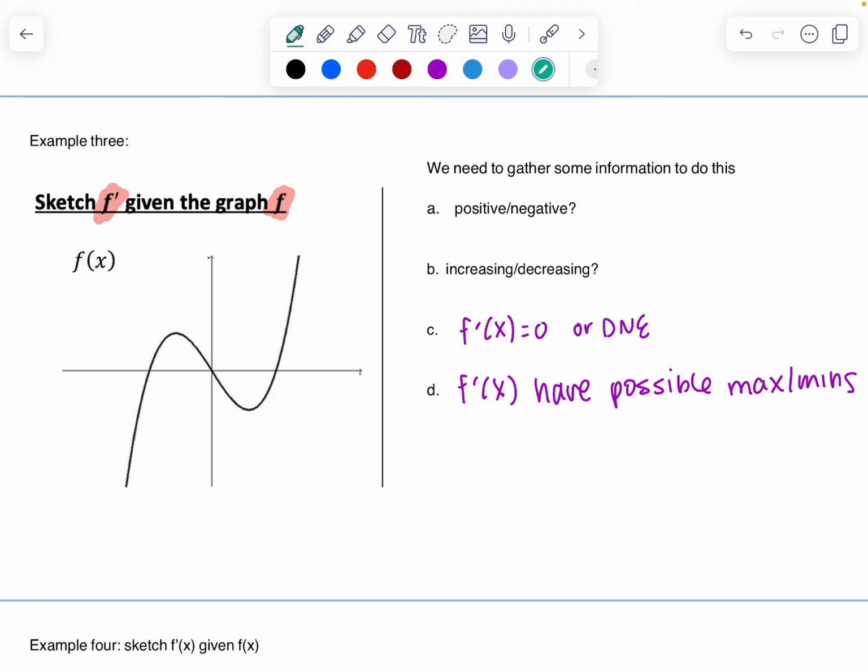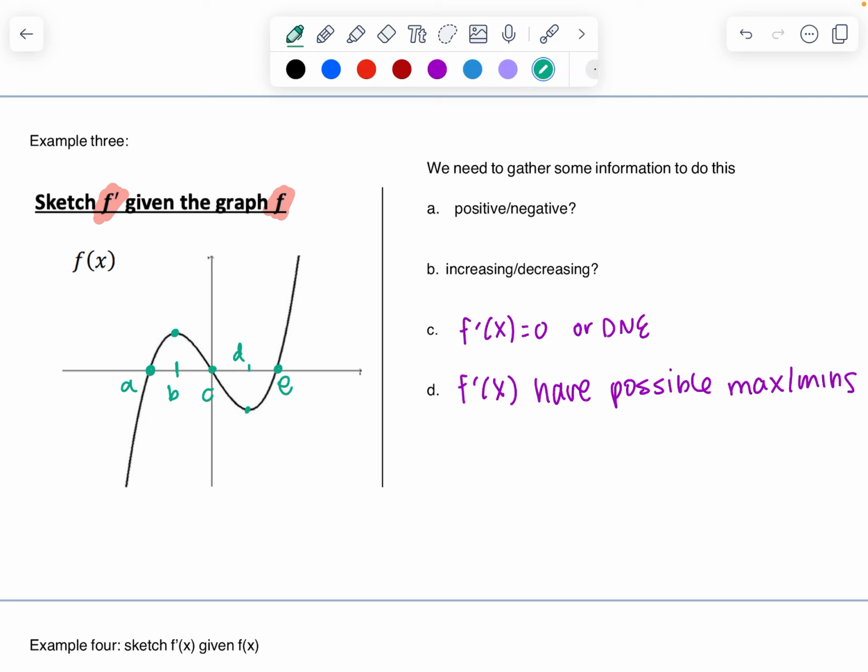I don't know what all of these points are right here, but I'm going to give a bunch of these points some names. I'm going to call this point A. I'm going to give these points B, C, D, E, and you're going to see why. Just any points that stick out to me, okay?